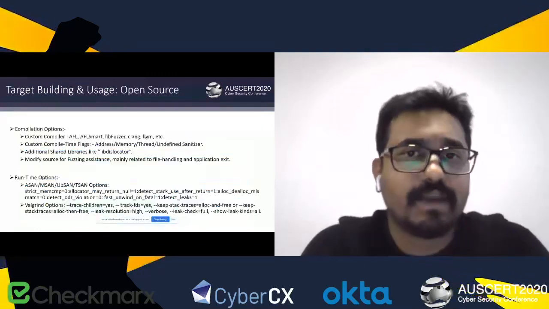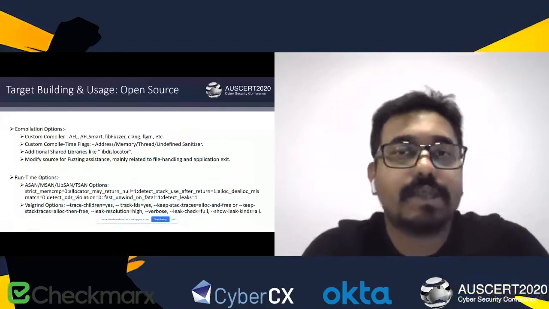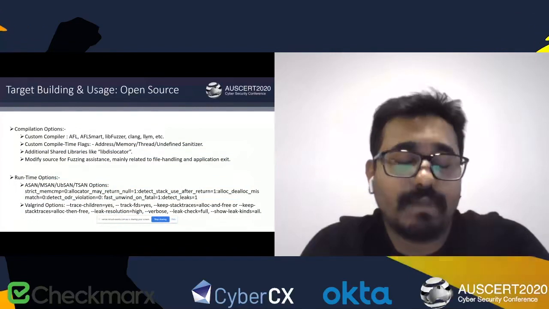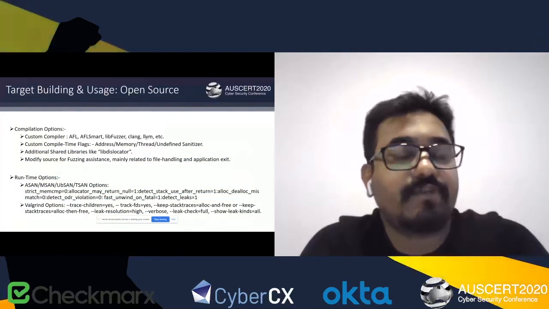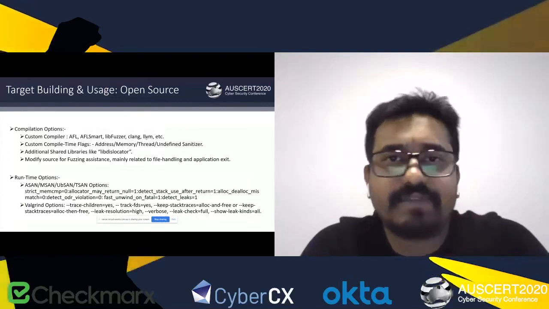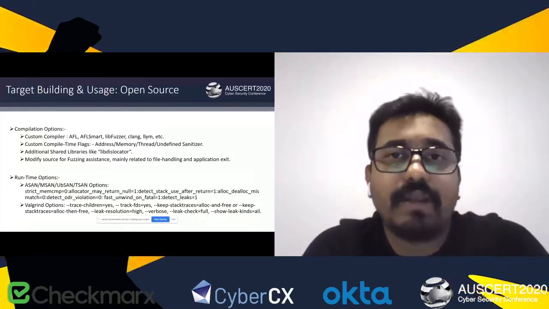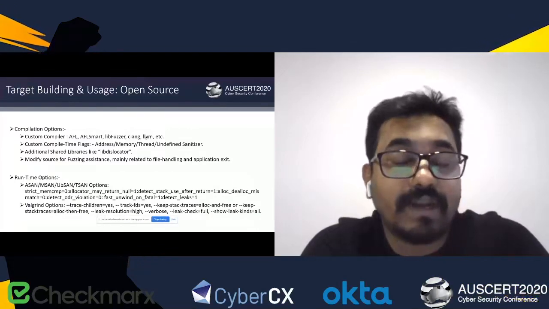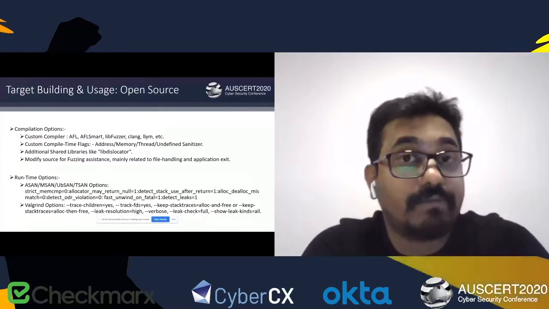So over here, you can see for open source, there are multiple options. You can use a custom compiler like AFL, AFL Smart, libFuzzer, Clang, LLVM, etc. You can also use compile time flags like sanitizers: address, memory, thread, undefined. And also recently there is a new sanitizer called control flow integrity, which can also net you some vulnerabilities.